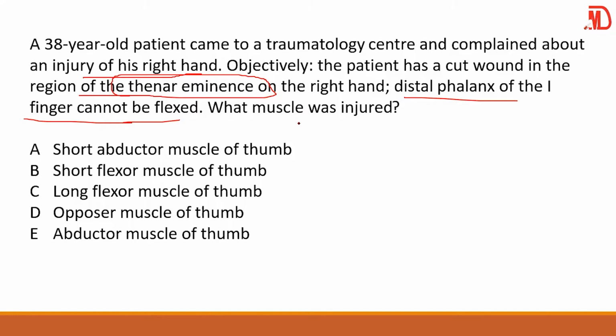So if your thumb, which happens to be your first finger, cannot be flexed, we are referring to the longus. The flexor longus muscle of the thumb is what we are looking for.